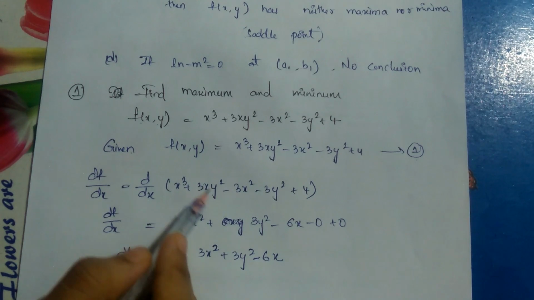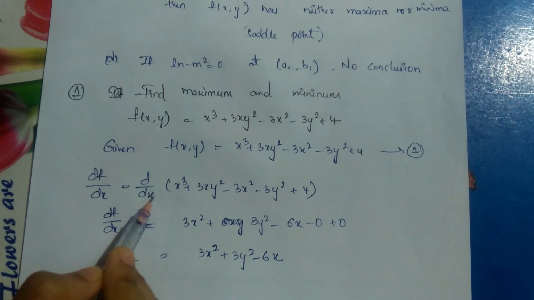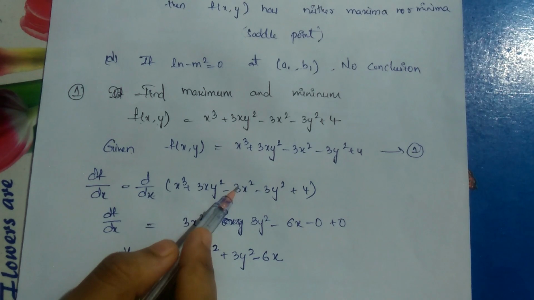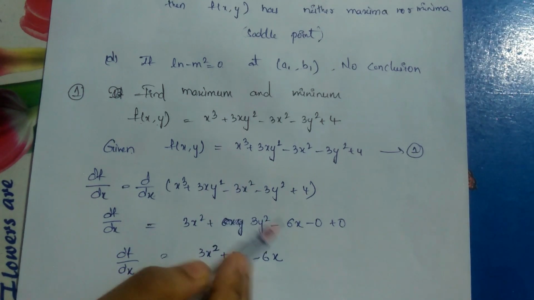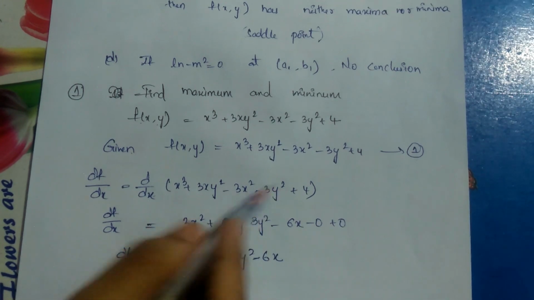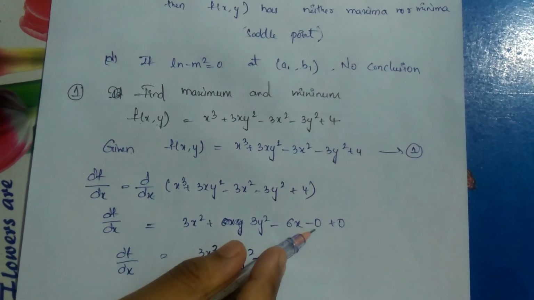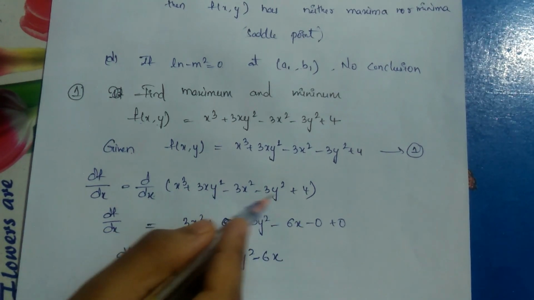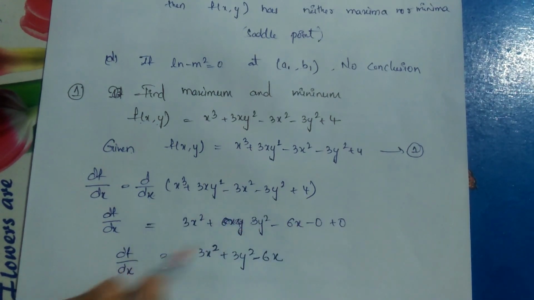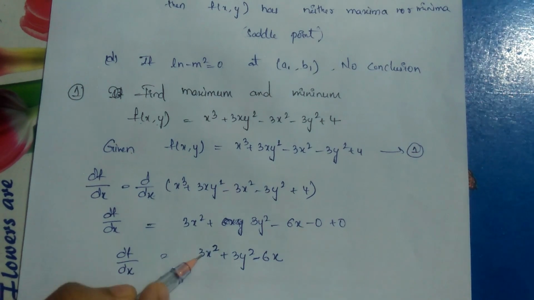It means 3y square is treated as a constant and the derivative of x with respect to x is 1. Minus 3x square with respect to x is minus 3 into 2, that is 6, into x, that is minus 6x, and minus 3y square with respect to x is 0, as there is no x variable in this term, and the differentiation of a constant is always 0. Then dou f by dou x is equal to 3x square plus 3y square minus 6x.